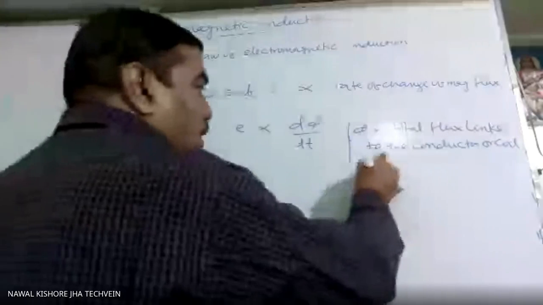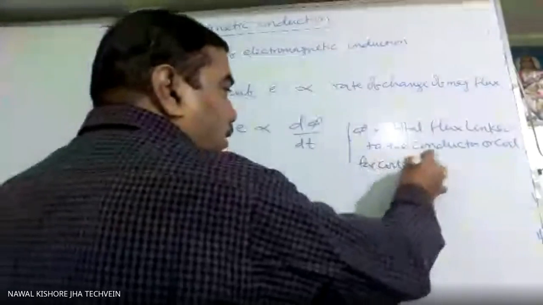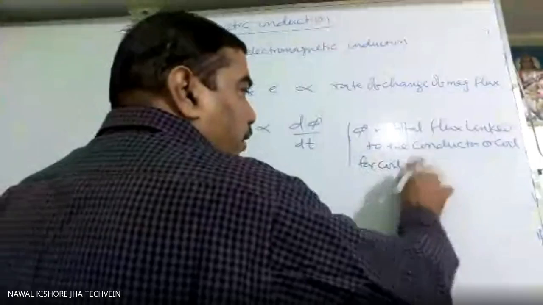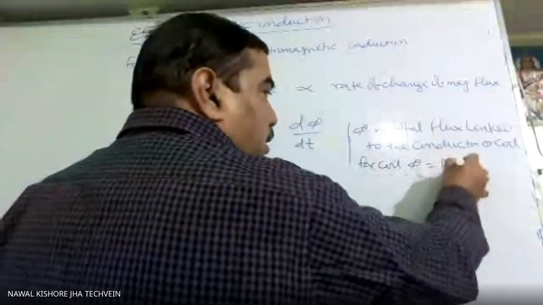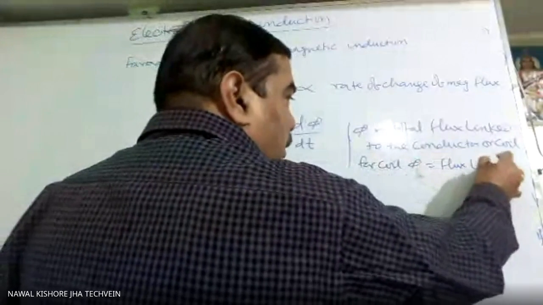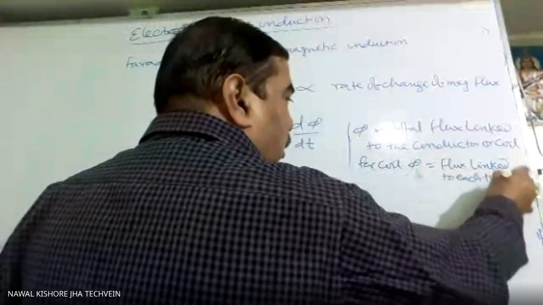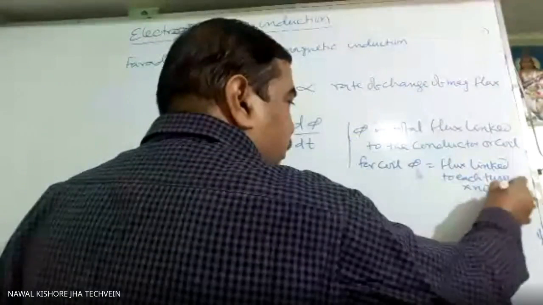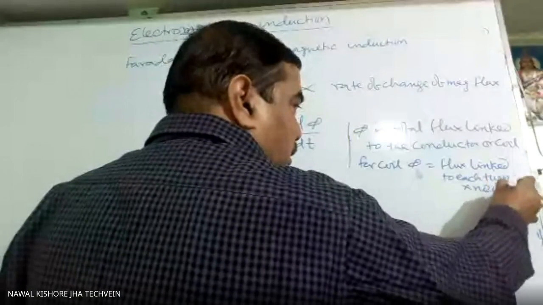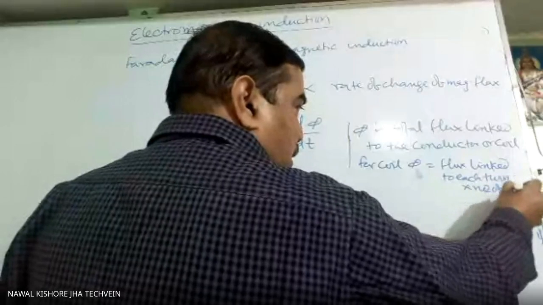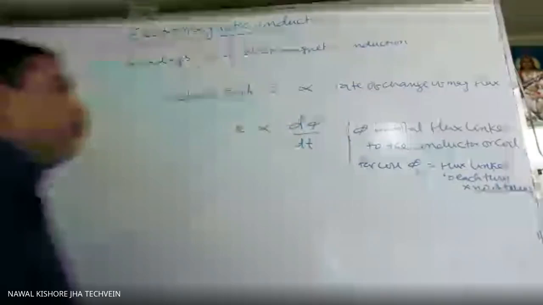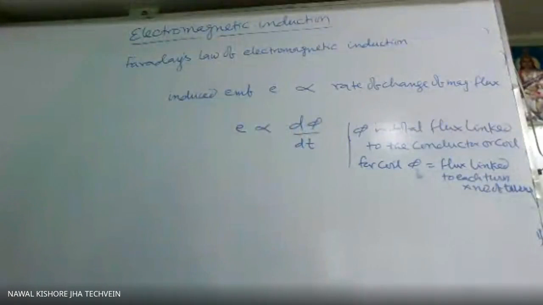For a coil, we always keep in mind that this Φ will be the flux linked to each turn times the number of turns. Or you can take the total area as the area of one loop times the number of turns. Anyhow, this is always the total flux.